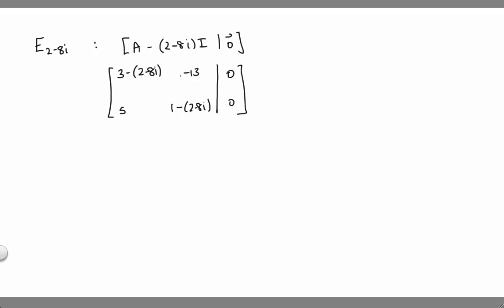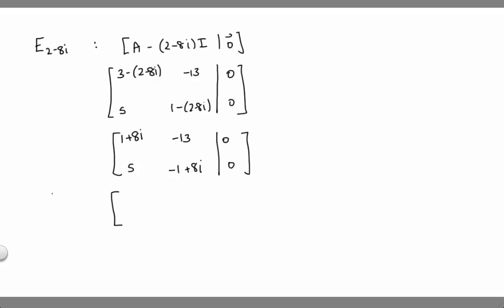Great, so same kind of idea as before. Actually, it might be smart to simplify the diagonal entries. So let's say 1 plus 8i and then minus 1 plus 8i. Notice these are now plus 8i because of the double negative there. Same idea as before now. We're going to try to get the real number in the upper left just to simplify the algebra.